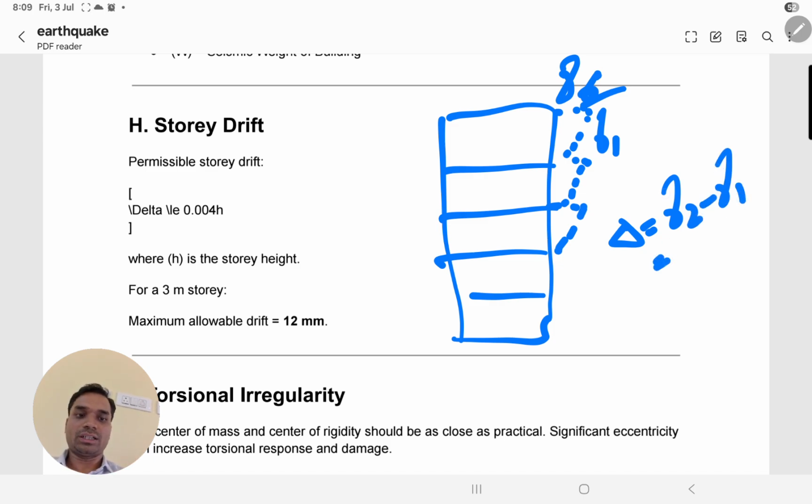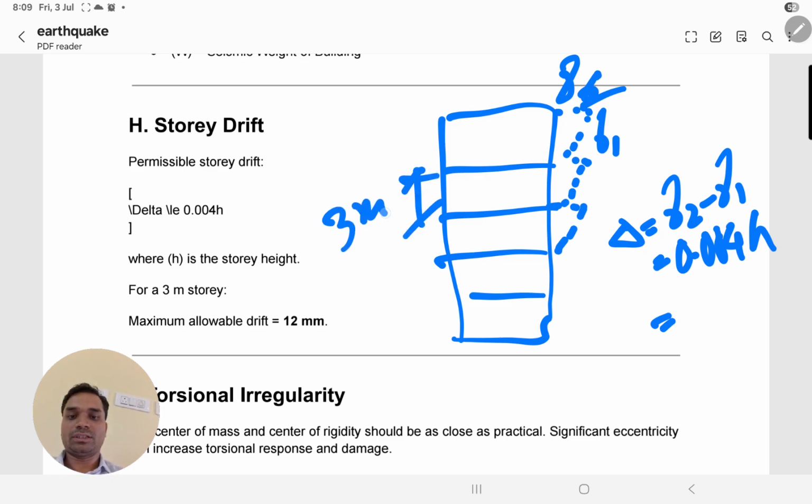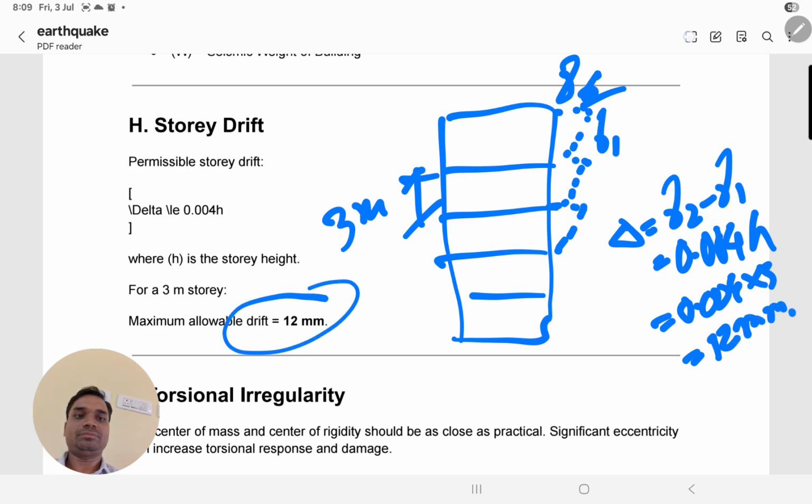In this code 1893, the maximum allowable limit is 0.004. If the story height is around 3 meters, then 0.004 into 3000 becomes 12 mm. This is the maximum drift.